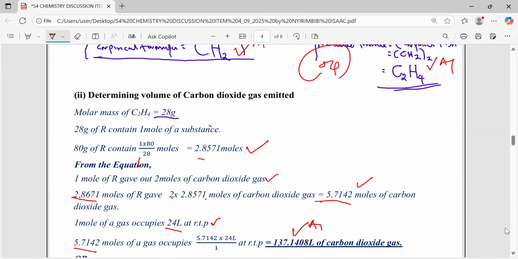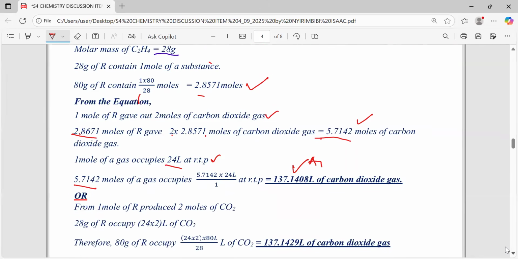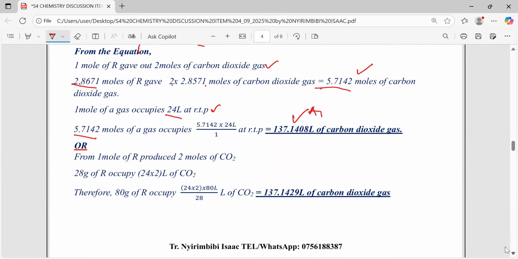But also, alternatively, there is this one here, where we are saying that 1 mole of R produces 2 moles of carbon dioxide. Actually, for me, if I'm the one in the paper, I could use this last method. In this last method, only 3 lines, you get your answer. Subi, are you seeing that?